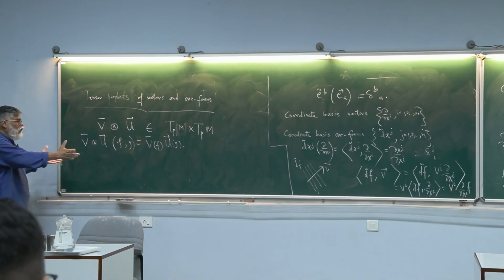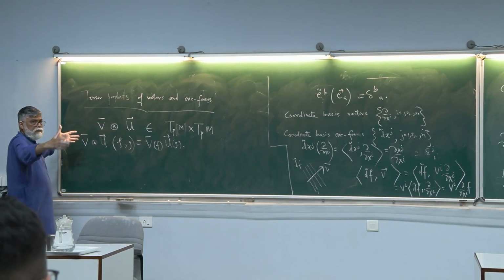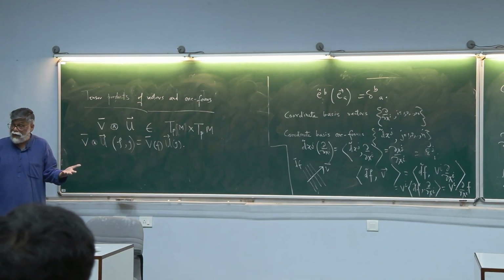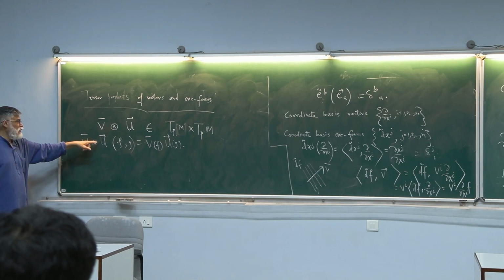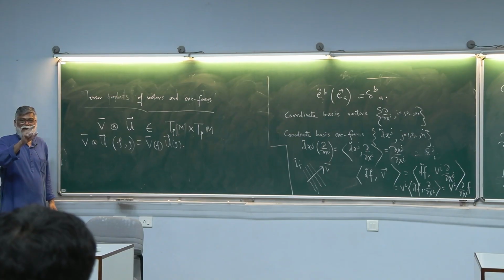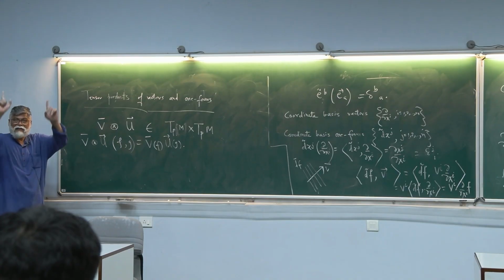And you can have arbitrary tensor products. Take it as a tutorial: when you write down their components, there will be contravariant tensors. The components of V tensor U will be V^i U^j. So, it is a particular case of a second rank contravariant tensor.